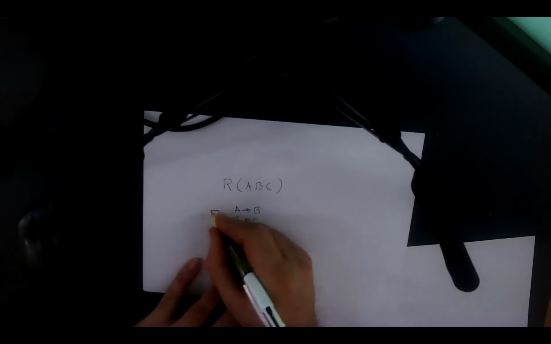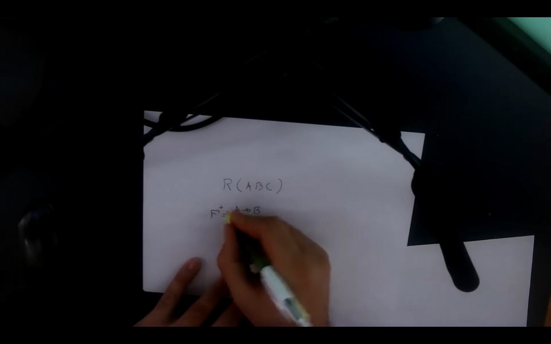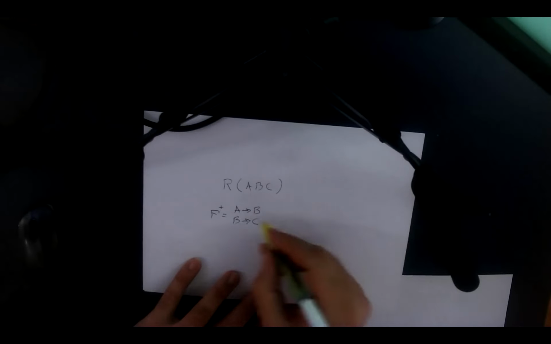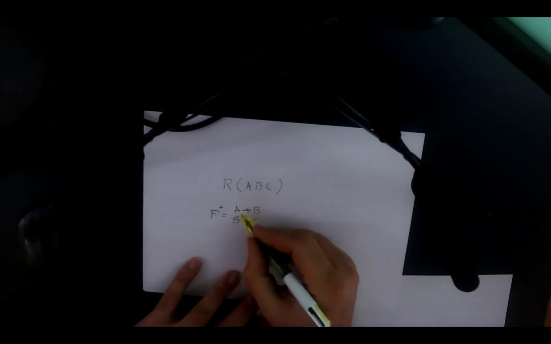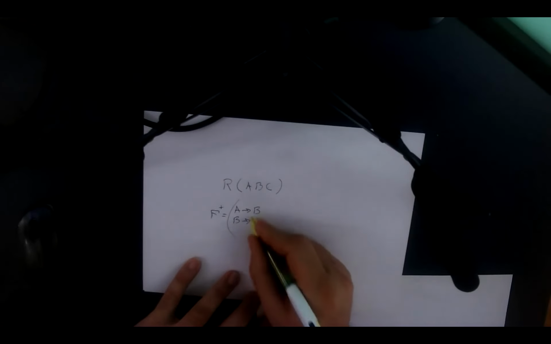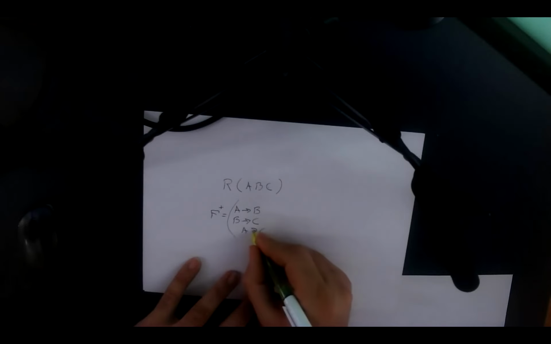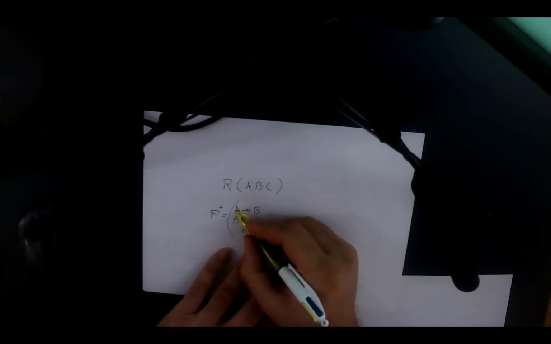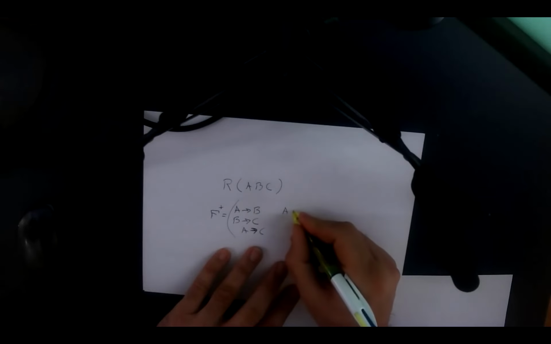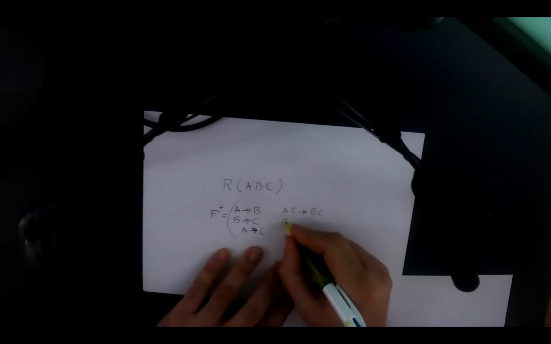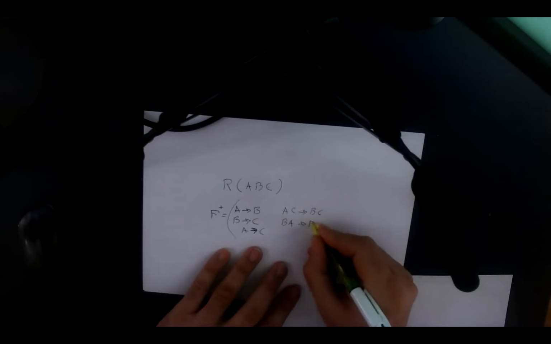So when we look at F here, and I say, let's compute F plus, the closure, we first use Armstrong's axioms. This time I'm actually going to compute the full closure. If A goes to B and B goes to C, then using transitivity, A goes to C. Now let's go through and do all the augmentation. If A goes to B, then AC goes to BC. If B goes to C, then BA goes to BC.